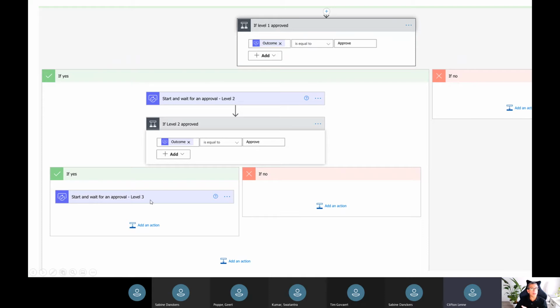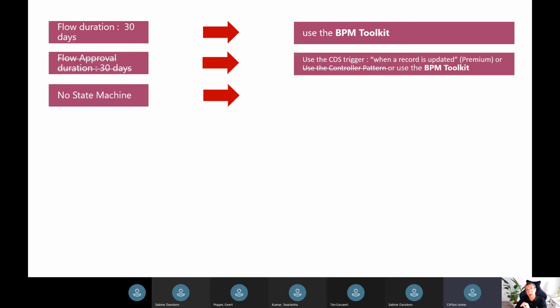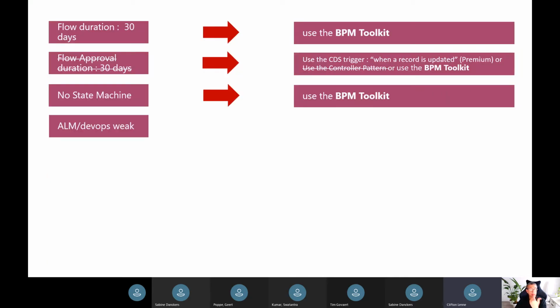The question is, what if one of the approvals is rejected? How can you get back? You cannot get back. Okay. So that's basically why we need state machine in Power Automate. So if I'm facing this situation, then I rely on the BPM Toolkit because I like the Power Platform. It's based on the Power Platform, right?